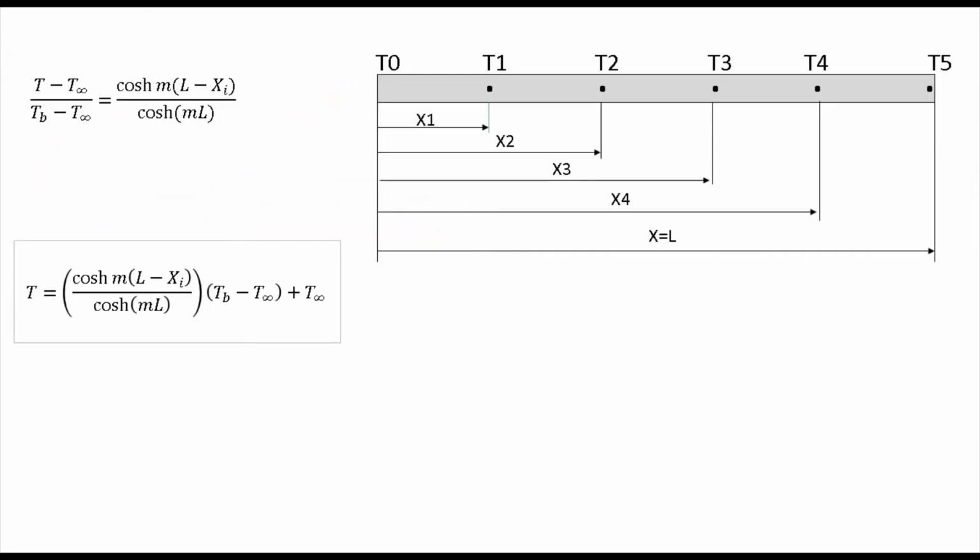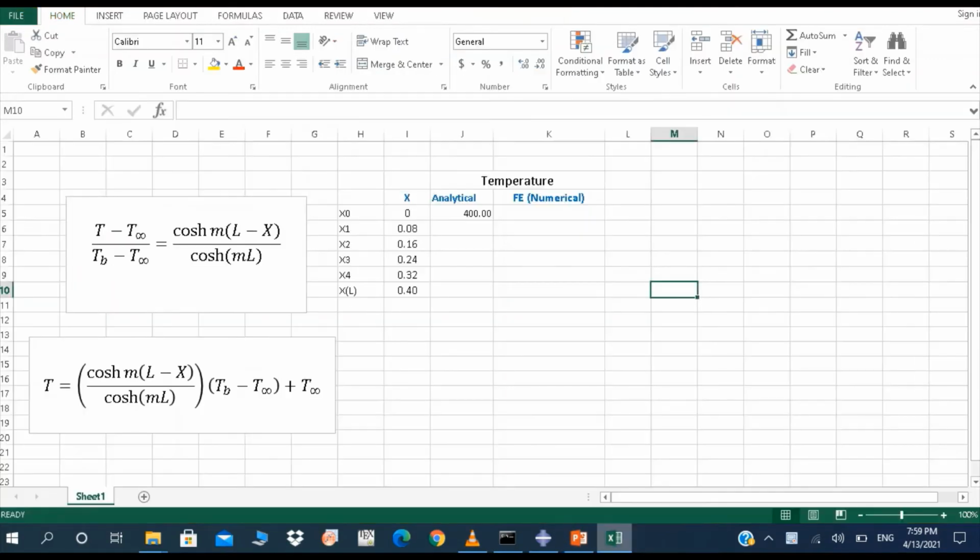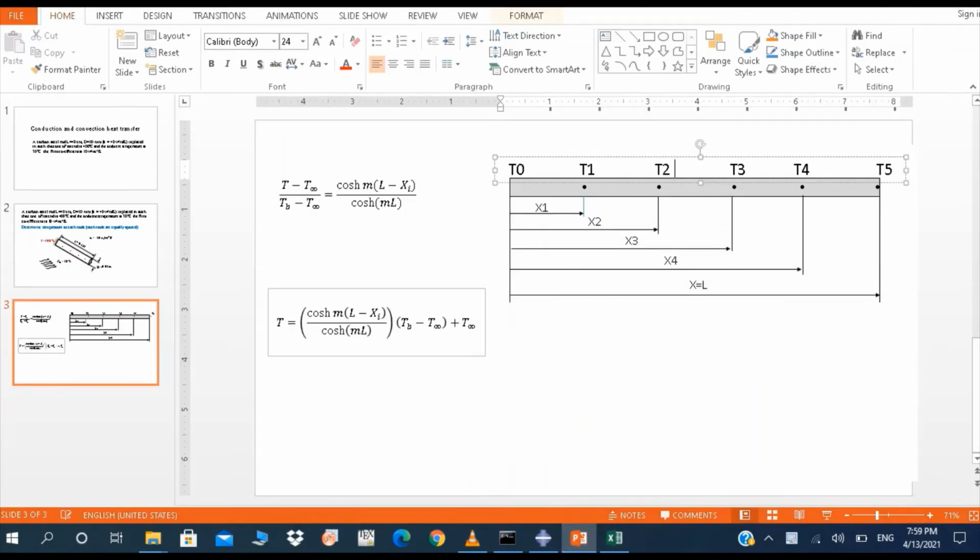Okay, we have calculated T1 and T2 in this case using this formula. I'll calculate the temperature at x1 and x2, and we'll leave T3, T4 and T5 for the end. You can calculate each because the formula is easy and straightforward. You can substitute and calculate all the values.